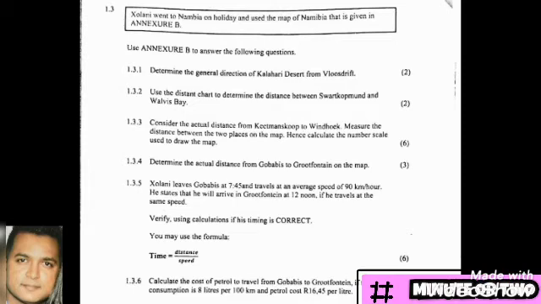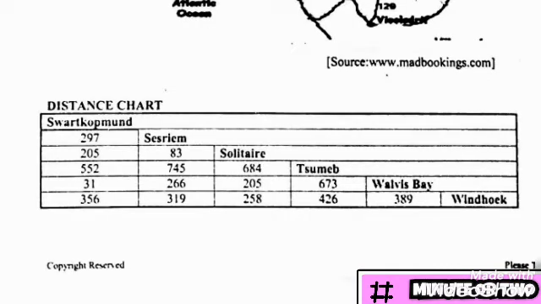1.3.2 use the distance chart to determine the distance between Swartkopmund and Walvis Bay. So looking at our annexure, we come to the distance chart at the bottom, and we need to locate these two places. You find Swartkopmund and you look for Walvis Bay. Now how do you read this?